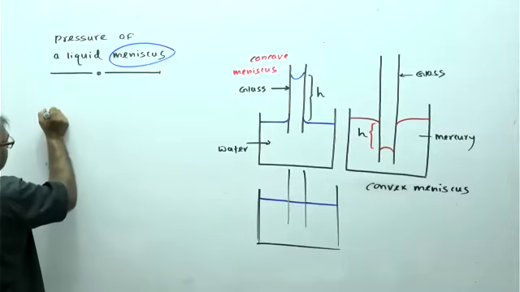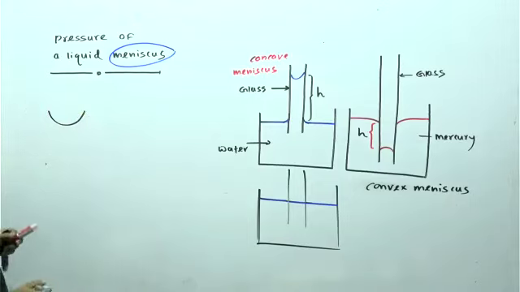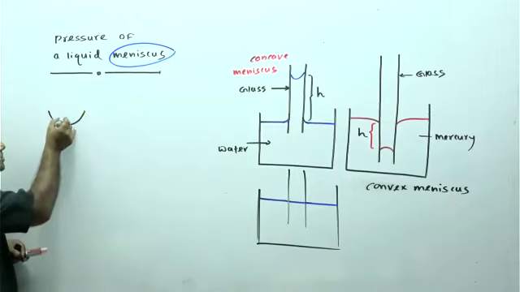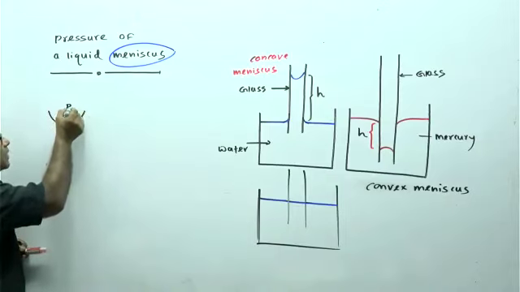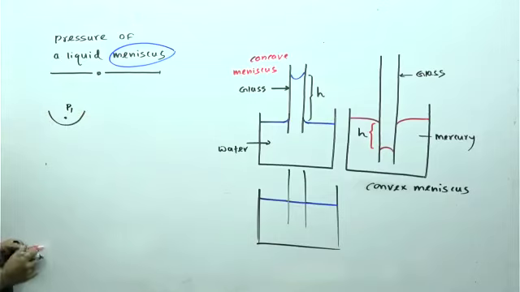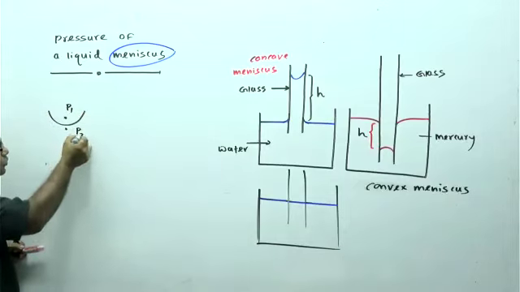According to the figures, when we consider the concave meniscus, we label the pressure just above the meniscus P1, and just below the meniscus, P2.